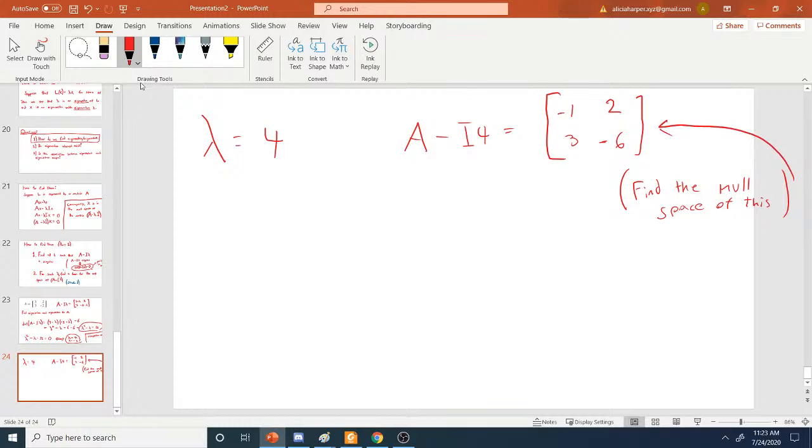Let's see how to do that. Well, I can basically do row reduction. So I have -1, 2, 3, -6.